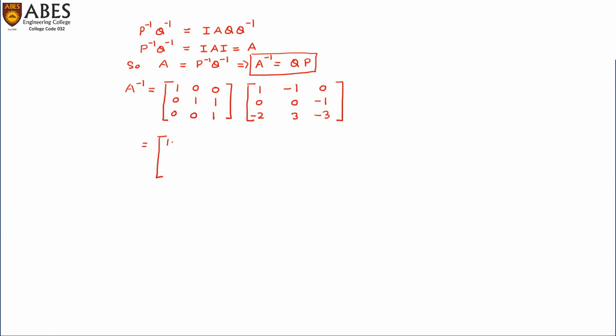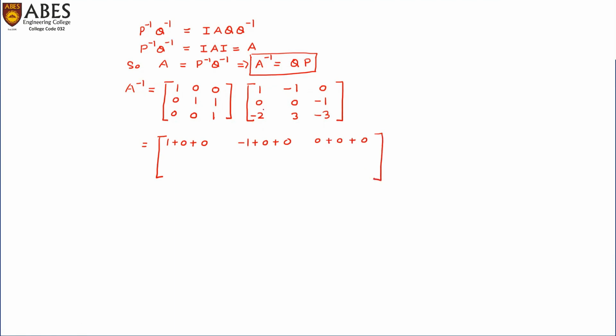We get 1 plus 0 plus 0. Multiply this row by this column: minus 1 plus 0 plus 0. Then 0 times 0 times 0.